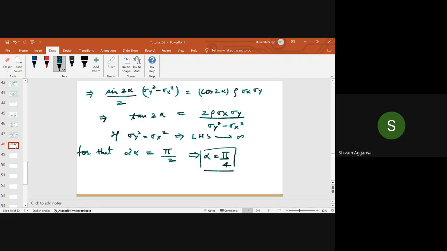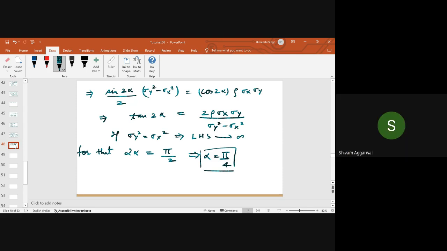Why, when you took the sine 2 alpha by 2 to the other side, with sigma square y minus sigma square x, can we put that value to 0?